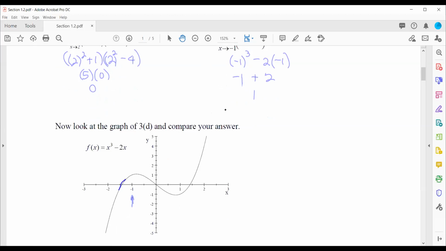From the left and the right of -1, looks like I'm heading to where I just put that x, and the y value is 1. So graphically, it's also true that the limit of this function as x approaches -1 equals 1. All right.